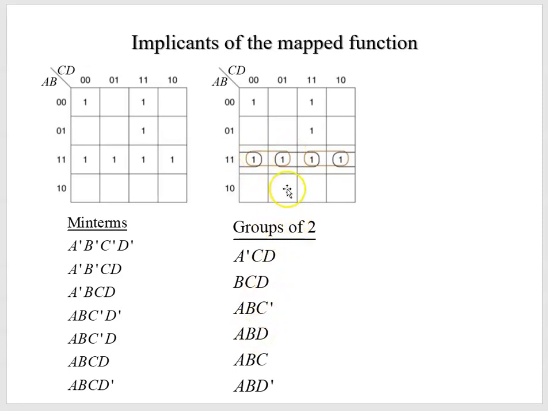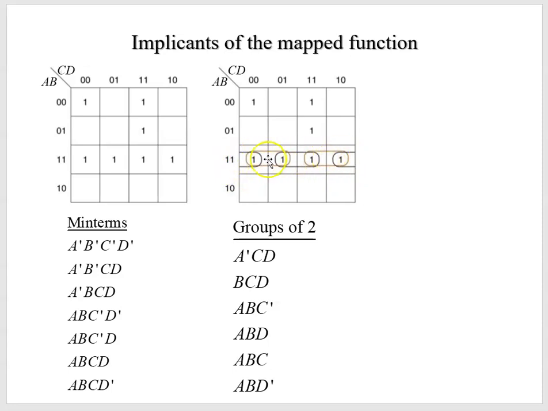Then we have ABD, ABD is these two over here. Additionally, though, we have ABC, ABC is these two in the middle. Well, actually, that's our ABD. Our ABC is these two over here, and our ABD prime is these two outside ones.